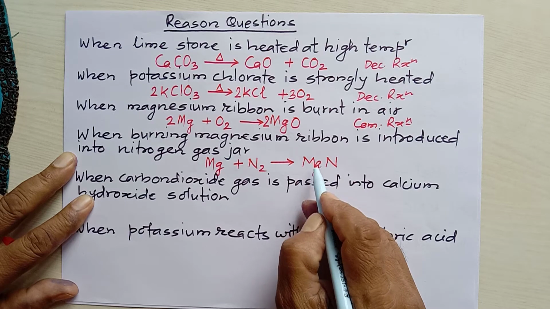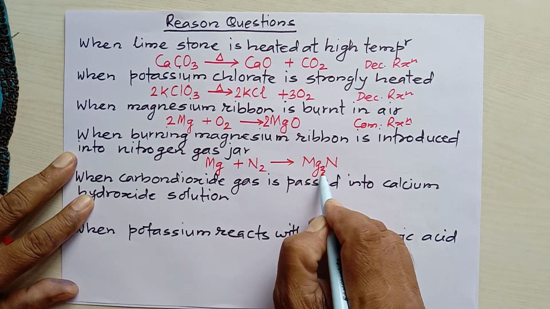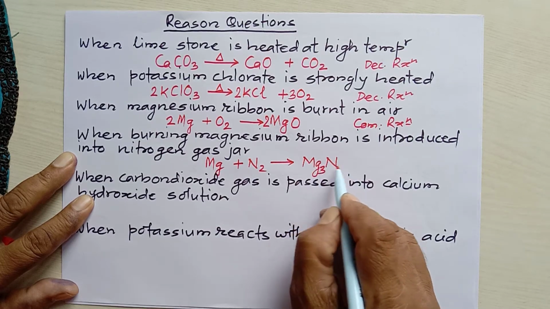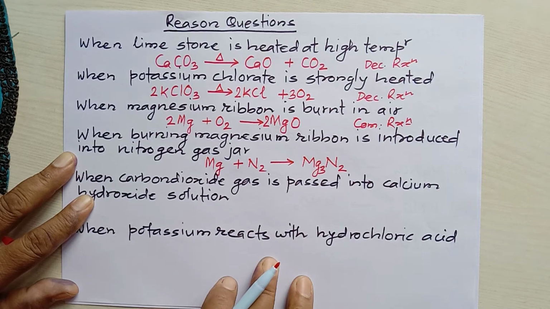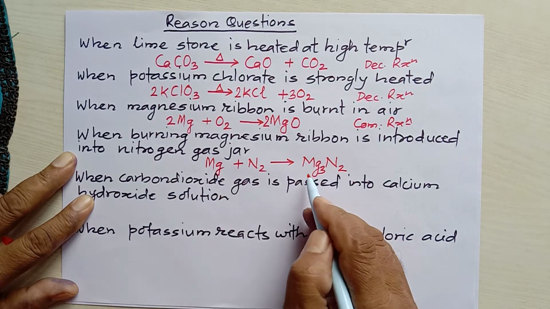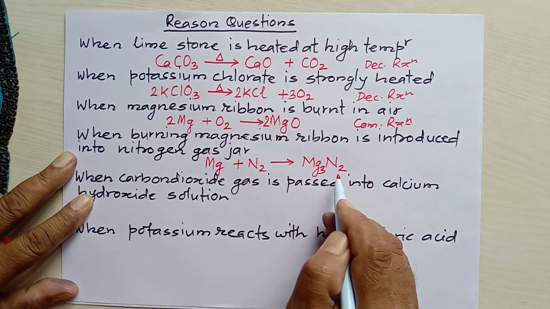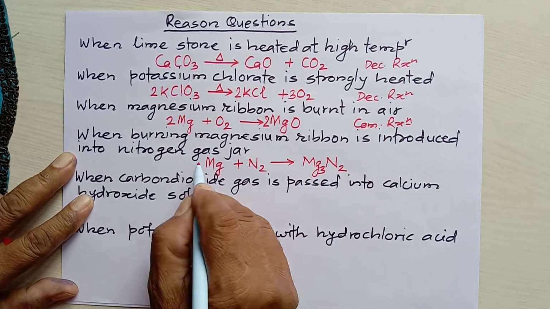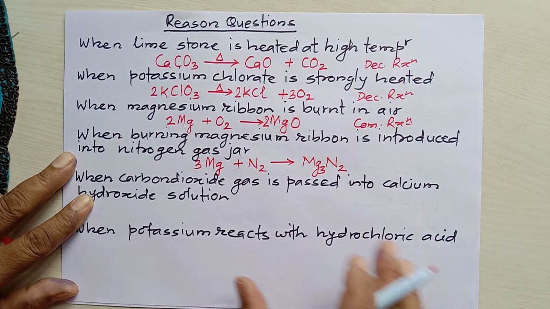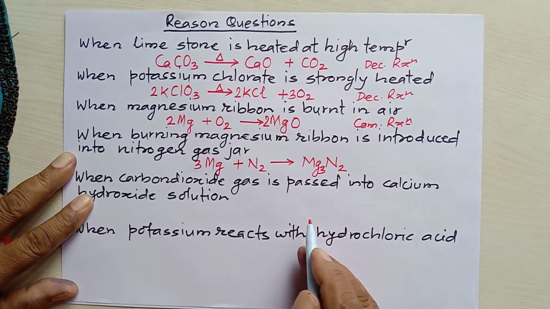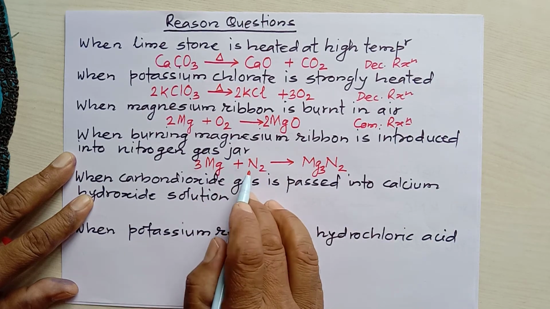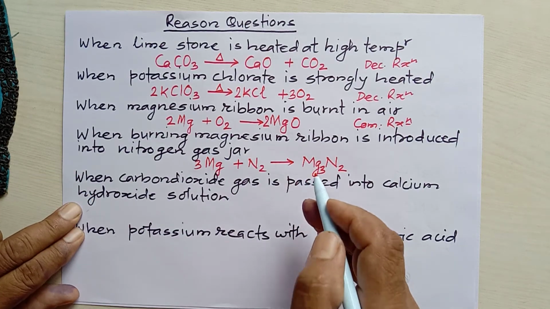Now magnesium's valency is 2, nitrogen valency is 3, that's why 3 has to be transferred to magnesium, 2 has to be transferred to nitrogen, and they form magnesium nitride, nitrogen 2, magnesium 3. This is a combination reaction.